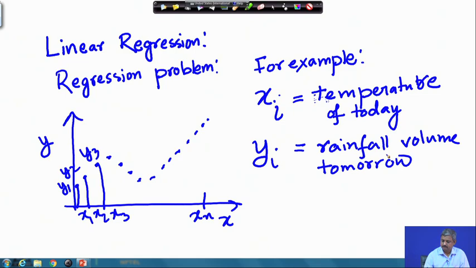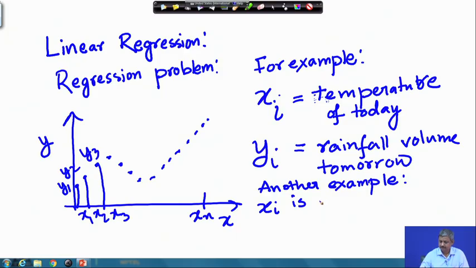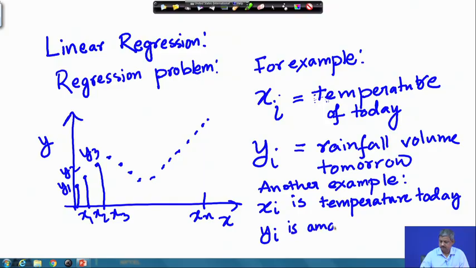Let me take another example: how does traffic density, the number of vehicles on a road, depend on temperature?